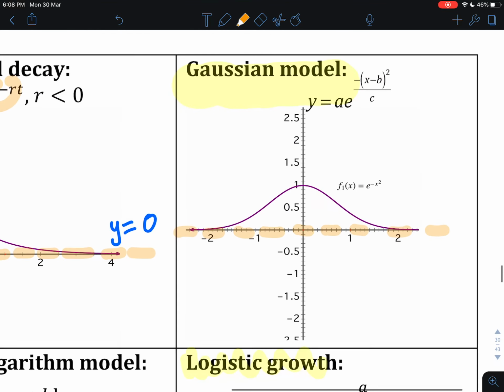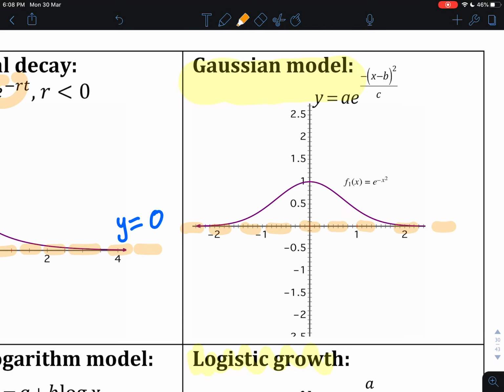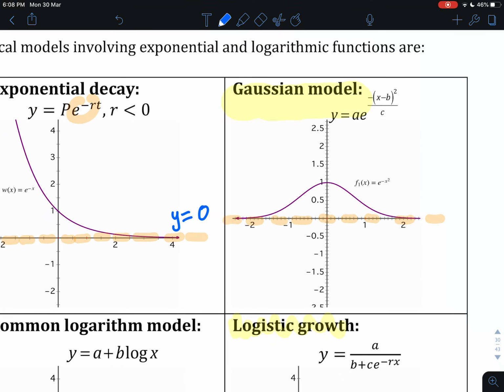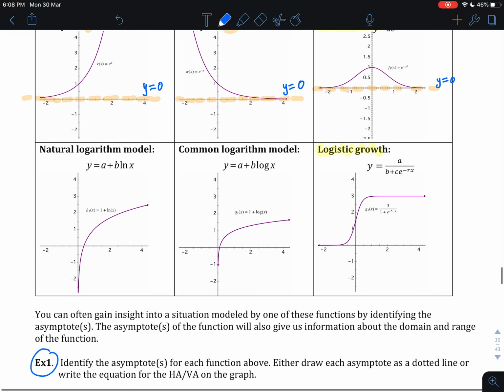this is often used to model the normal distribution, and the theoretical underpinning of the normal distribution, of course, is that there's an infinite number of numbers or objects that you are attempting to show the distribution of values for. So horizontal asymptote at y equals 0, and then we move to our logarithmic models.